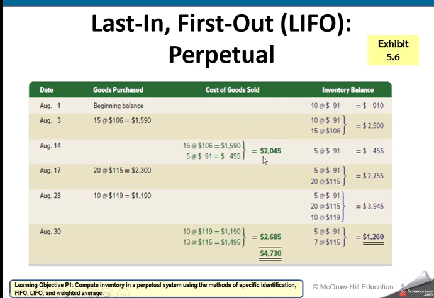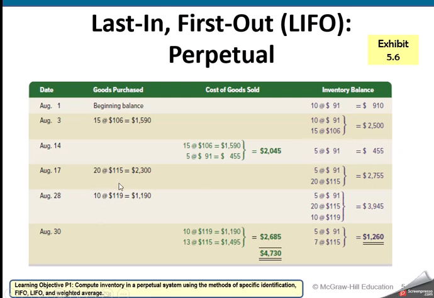Well, then we go back to our most recent purchases. So we have 15 at the $1.06 because those are our most recent ones. Then we take 5 from that beginning balance, but then that's going to leave 5 left at this 91. So that's what's left there.